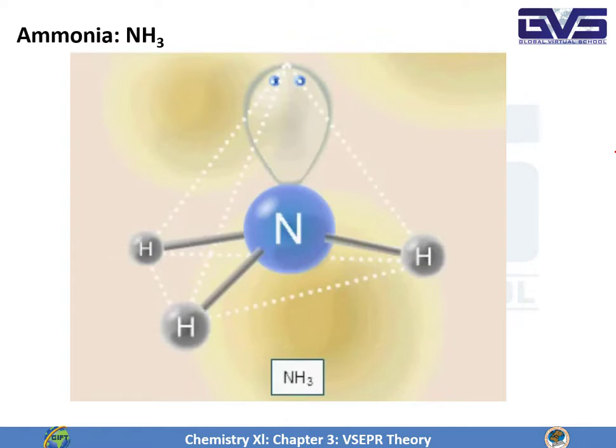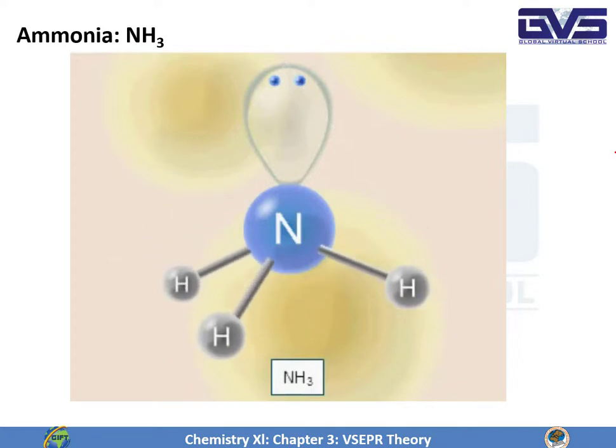Since one vertex is occupied by a lone pair, the 4 atoms of the molecule take the shape of a pyramid. The interbond angles, equal to 107 degrees, are close to the tetrahedral angle of 109.5. The reduction of the angle arises from the stronger repulsive effect of the lone pair.